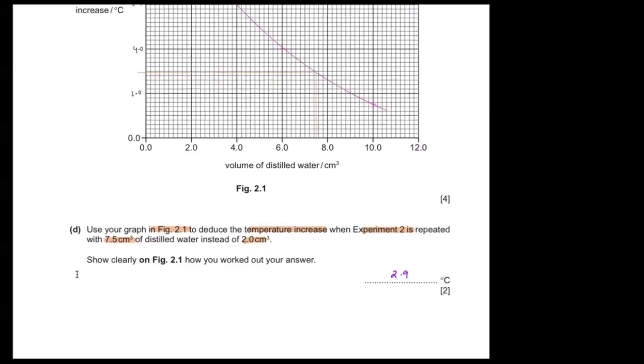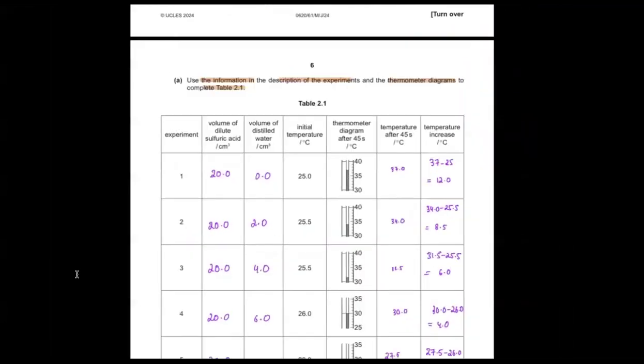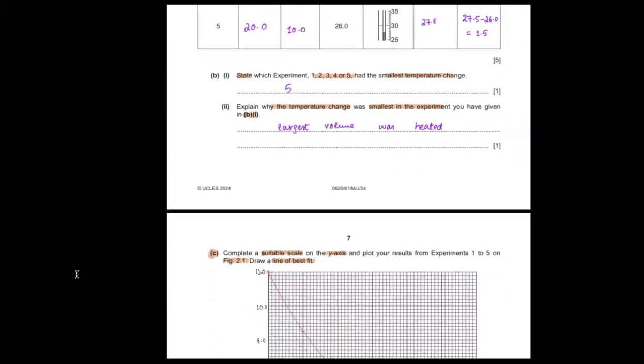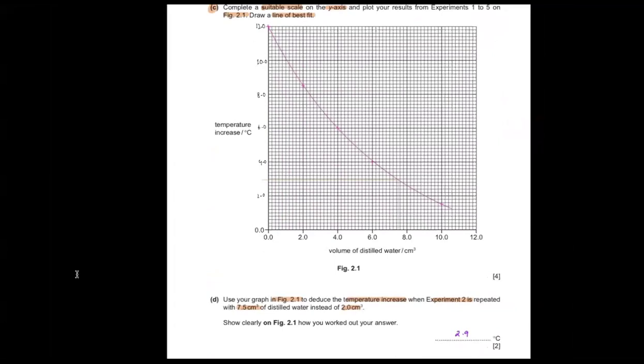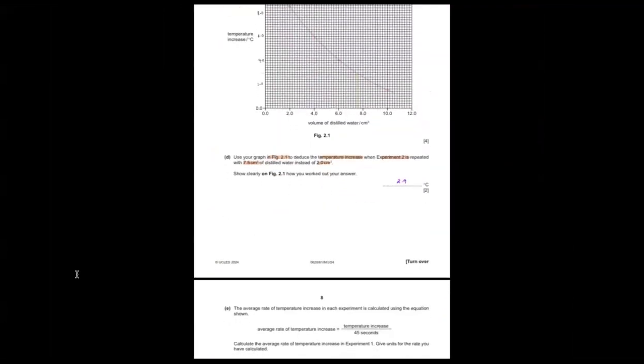It's 2024, May, June, 6-1, and the question number is question number 2, 2C. It's 22.9 degrees.